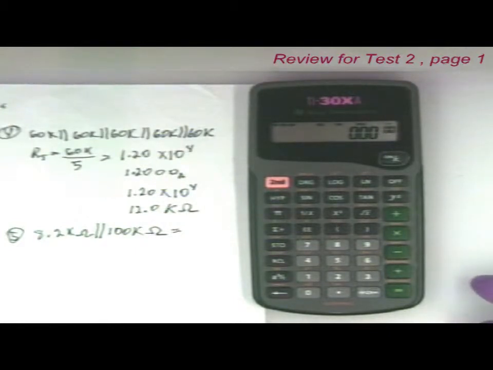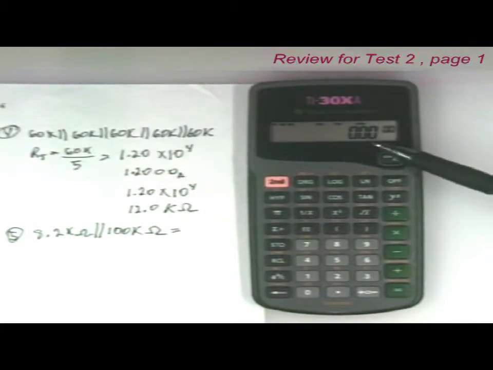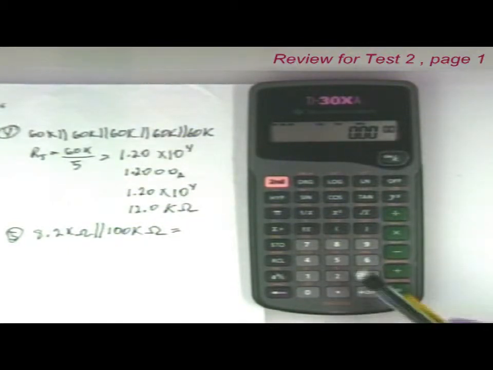Okay, so let's start over. We clear our calculator. I want you to note that we're still in scientific notation, and we're at 2 decimal points. So what we need to do now, we're going to put in 8.2k first.